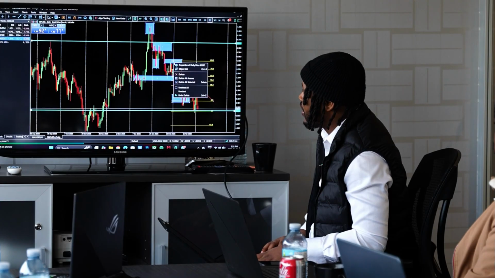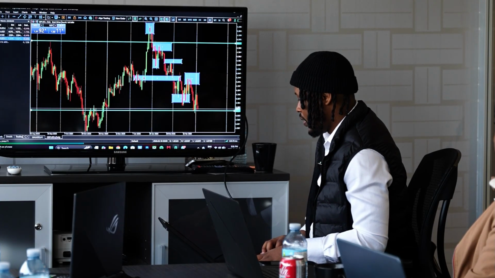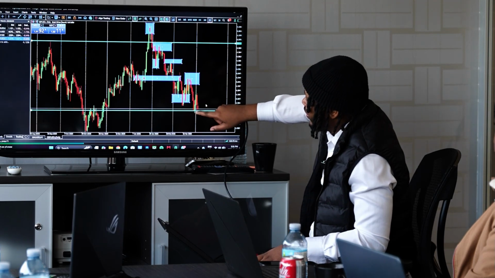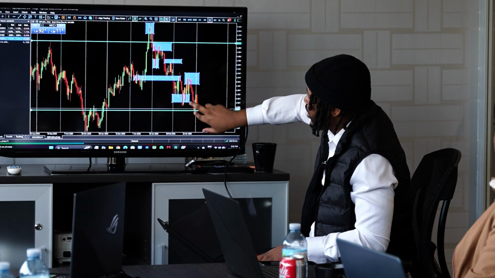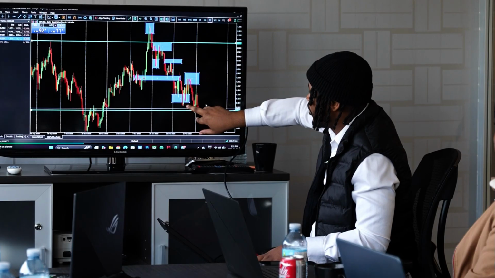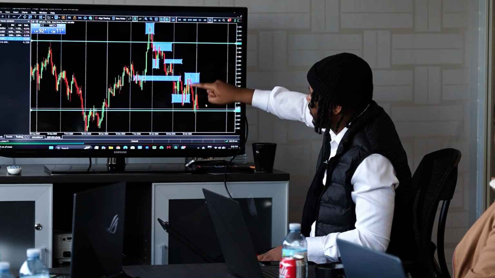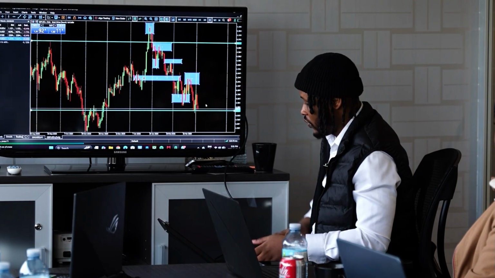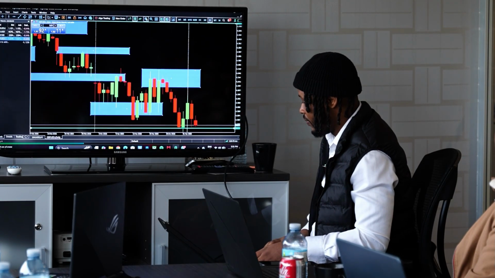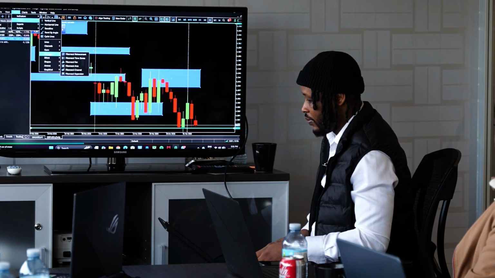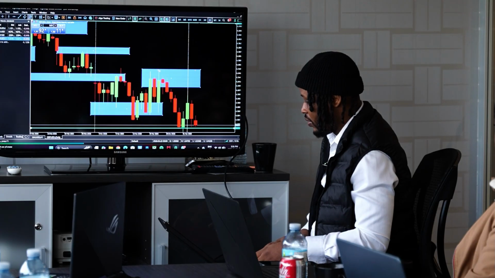I'm going to scale down to the weekly time frame to show you guys something. Now, as you guys can see, the market created another lower low right here, right? Because this low is lower than the previous low. You do the same thing again. Place your fib from this right here to this.